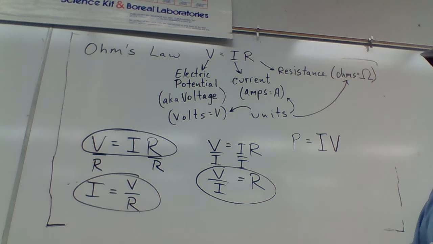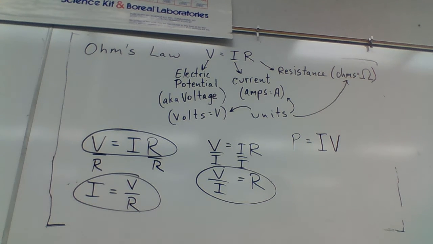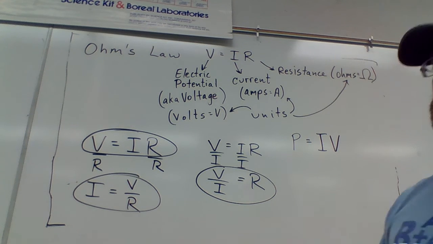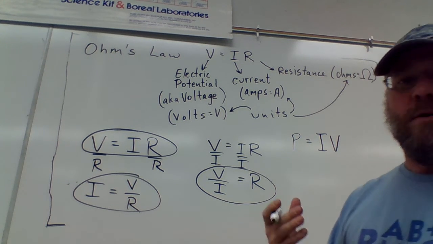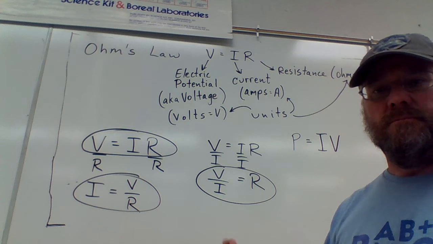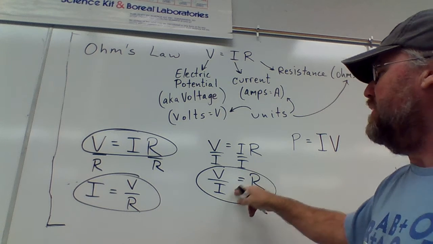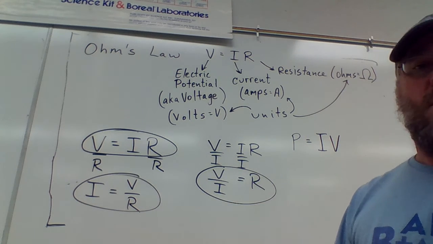Now, there are some problems that you're going to run into as far as power is concerned. You might be given resistance and voltage, let's say. You might be given current and resistance. What at that point is the power? And so at that particular point, what you have to do is, again, some more algebraic manipulations of this P equals IV, but inputting things that you know from Ohm's law.